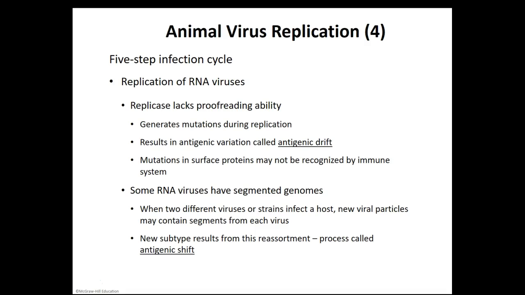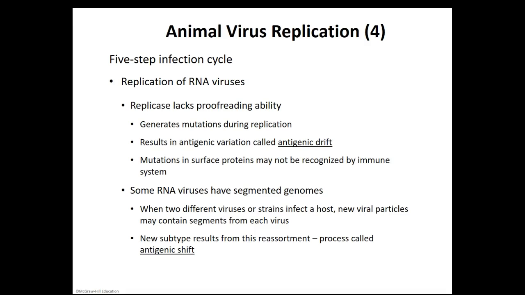Now, if you look at some of the RNA viruses, they have a segmented genome. Segmented genomes are those that can be separated, and as long as you have all the segments, you can get a complete virion. In the case where two RNA viruses infect the same host cell, you can actually have two completely different viral genomes.